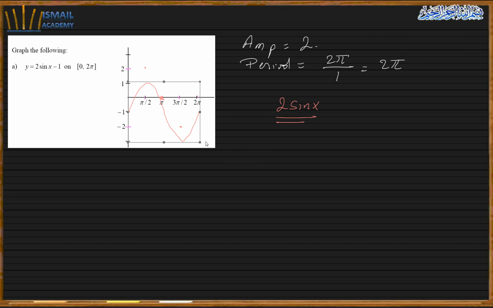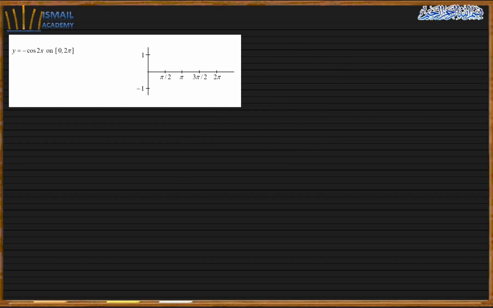So the second one is the graph of 2 sine of x minus 1. Of course, you draw the same graph down the same way when you shift it down. You cannot do that option here because this is not on the paper, but I hope you got the idea. Alright, let's move to the next question.